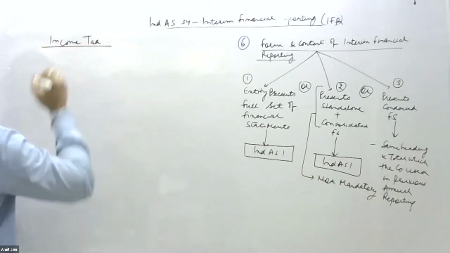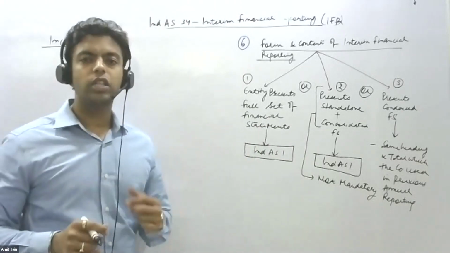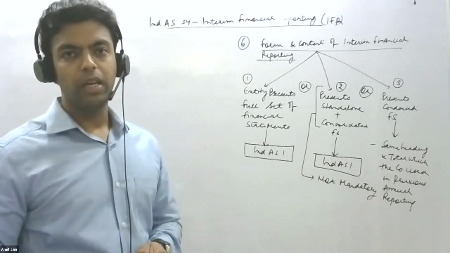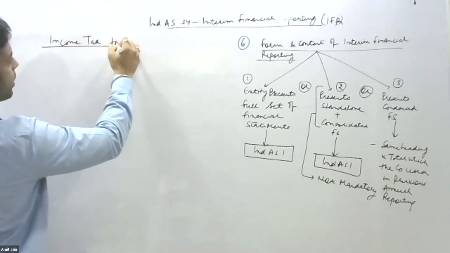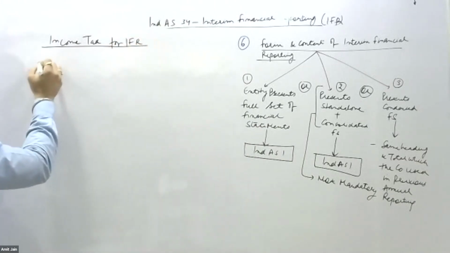Income tax needs to be assessed on the basis of the expected income for the entire year. Now, for the interim financial reporting period, how will income tax be computed?